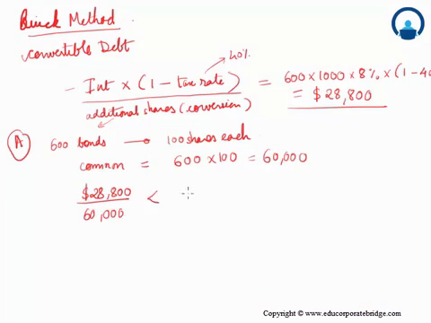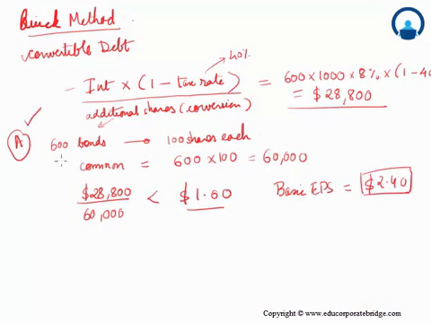This is less than $1.00, and we compare this with our basic EPS, which was $2.40. Since this is less than the basic EPS, in case A these 600 bonds, when converted into 100 shares, will behave like dilutive securities.